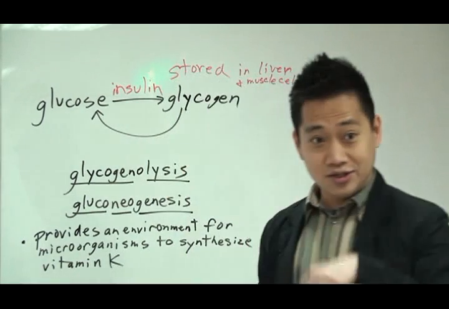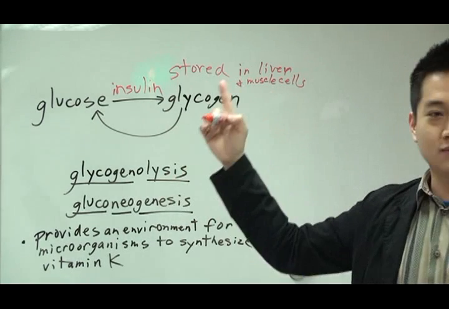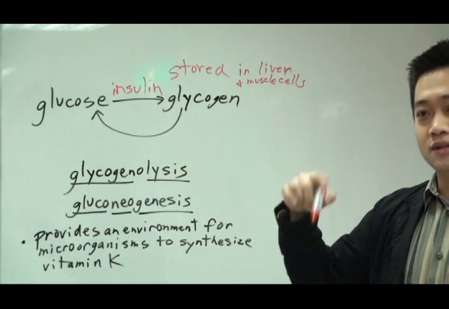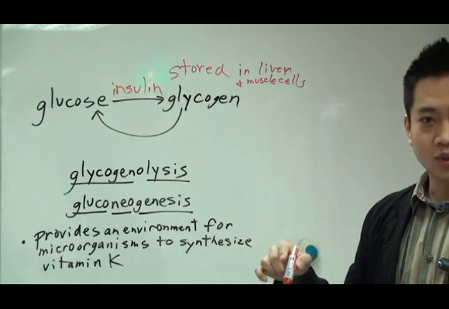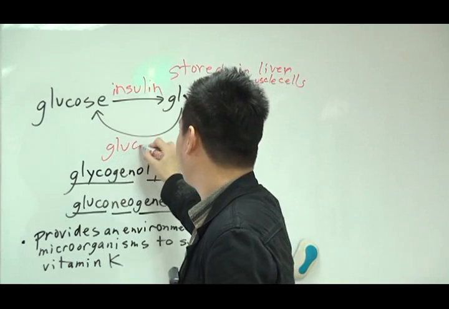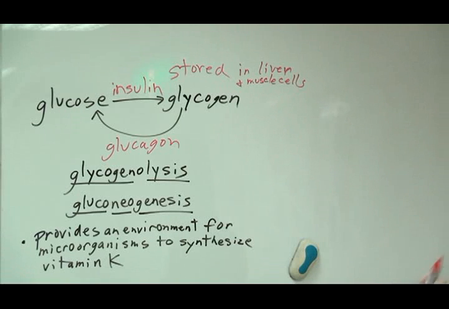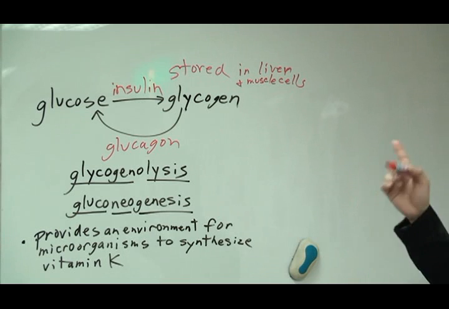You need insulin to convert glucose to glycogen. What is the opposite of insulin? Your glucagon. So insulin and glucagon are opposites, they work in the opposite way.